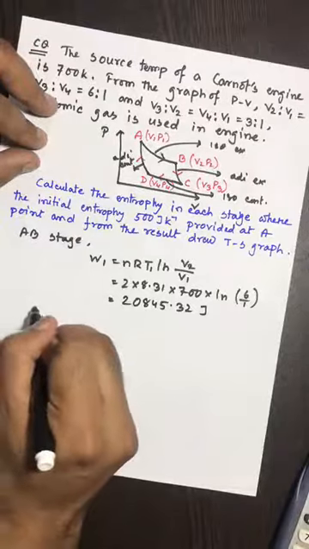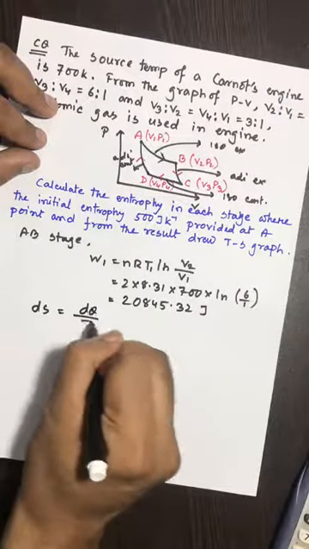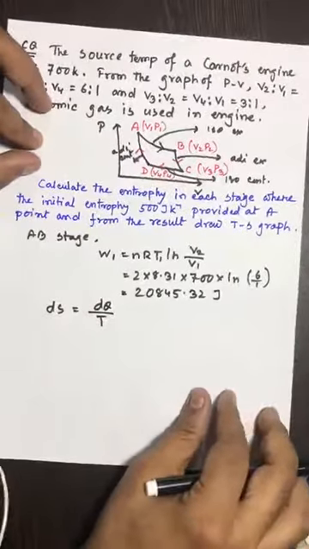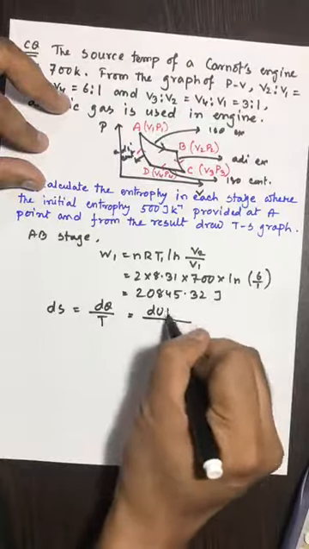Now the change in entropy. We know dS equals dQ by T, isn't it? And dQ equals dU plus dW.